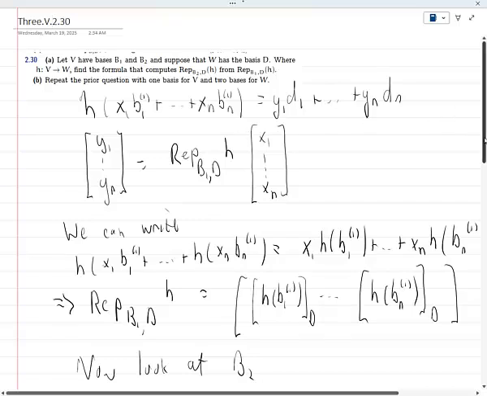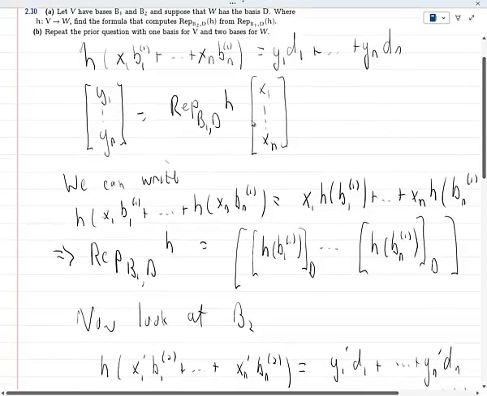Now, let's think about what this means. We know that H is a linear map, so we can decompose H of this linear combination into individual components. This is just a linear combination, so we're using the linearity property of H. Now, we can write this as a matrix equation, just like we did the other equations here.